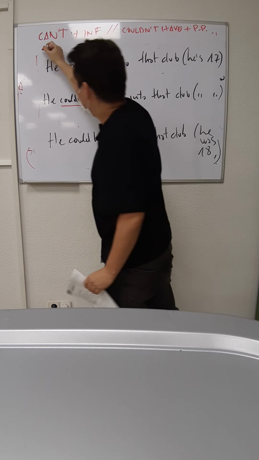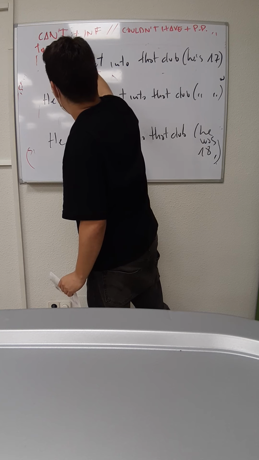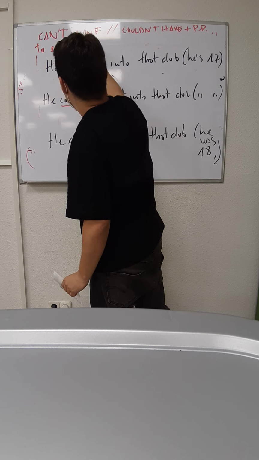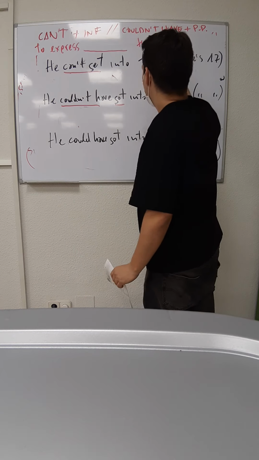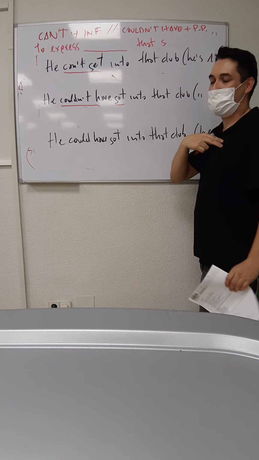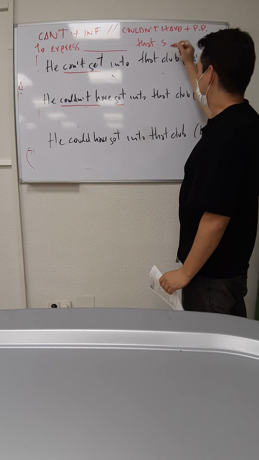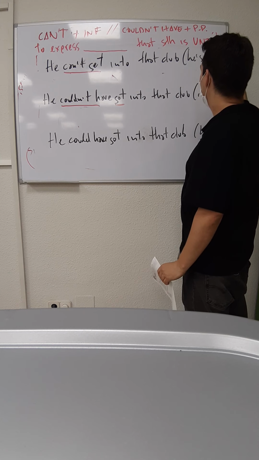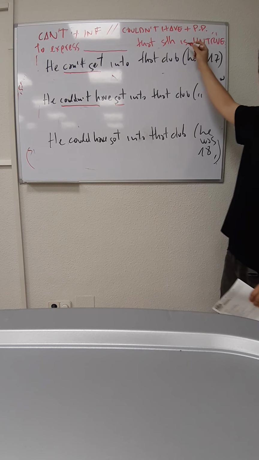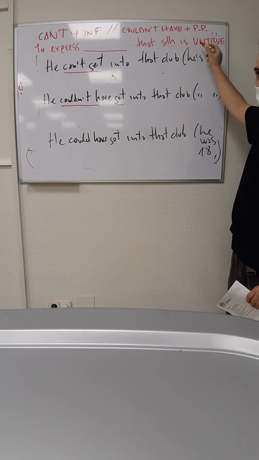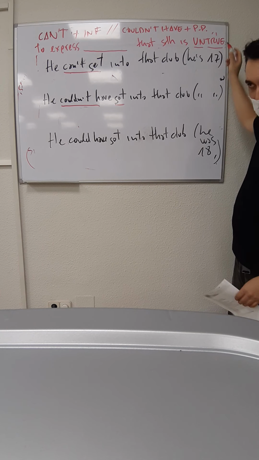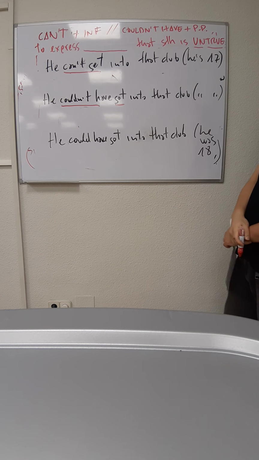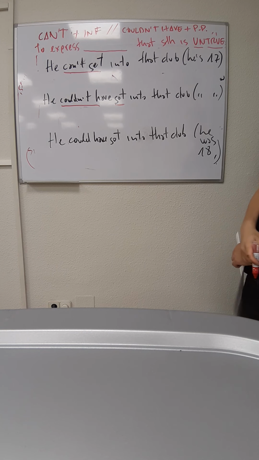Sorry, my bad, I asked the wrong question. To express that something is, this is the key word, untrue. Untrue, not true. Yeah? So he can't get into that club, he's 17.